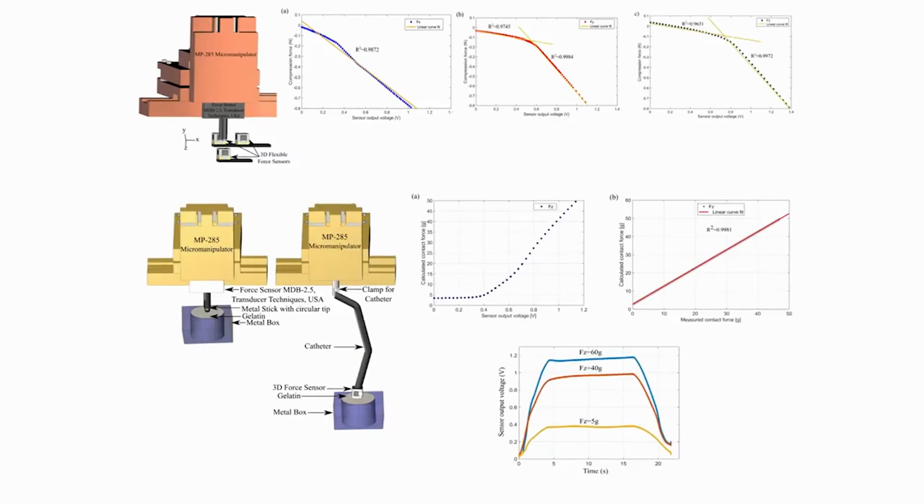Now once you have that, first is how you want to understand or how you know the change in the sensor values for a certain force. For that what we do is we take a commercial force sensor attached to a micro manipulator and press it on the fabricated sensor. When you press it on the sensor, you will see, on applying a compression force, what the sensor output voltage is.